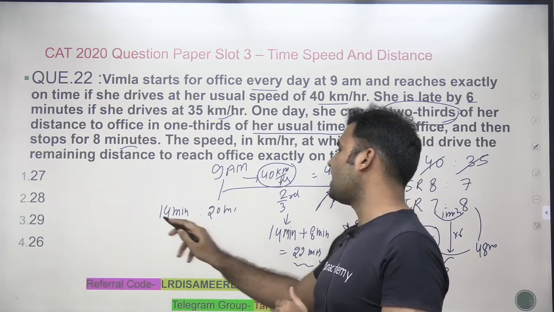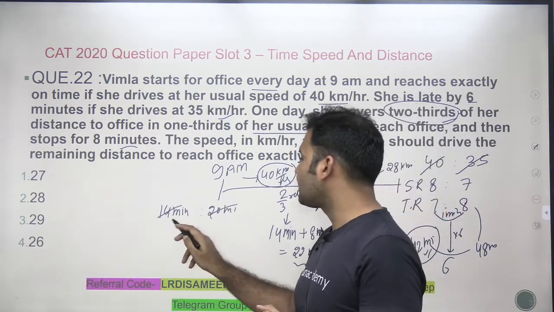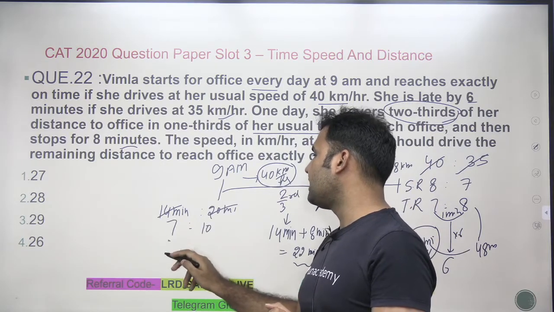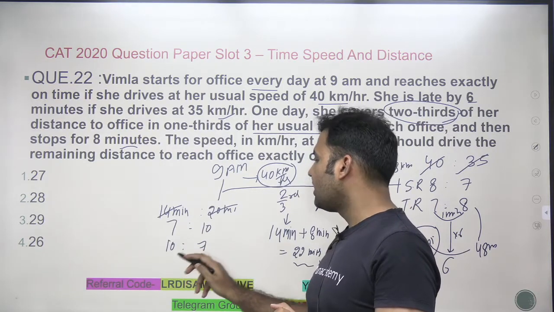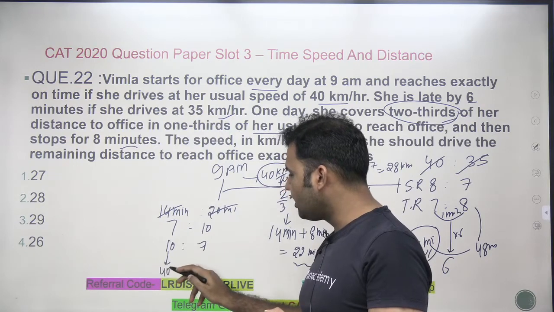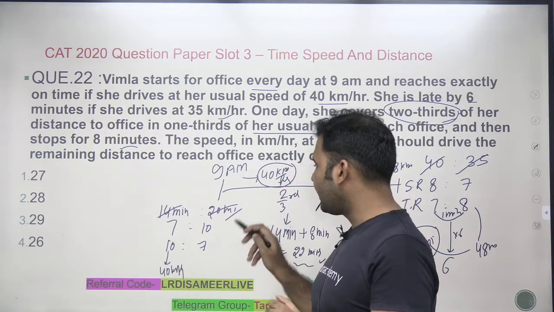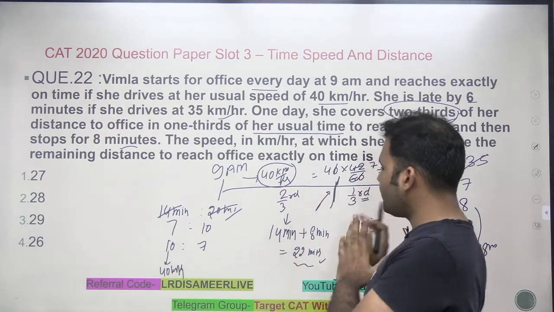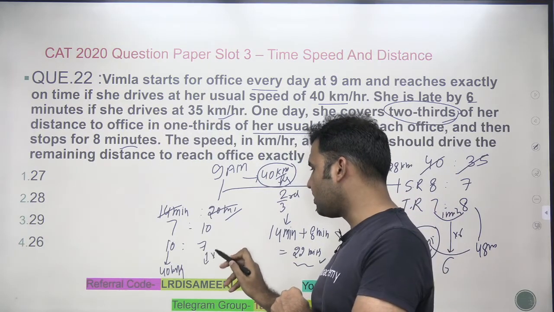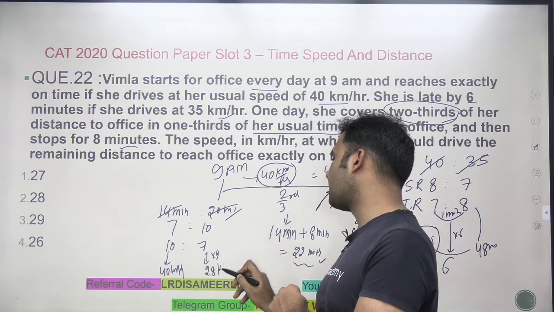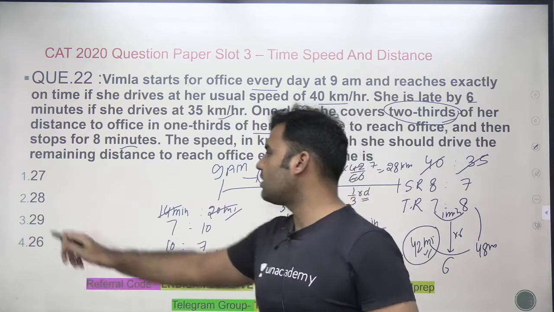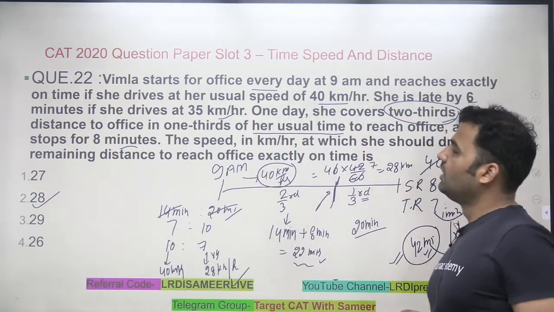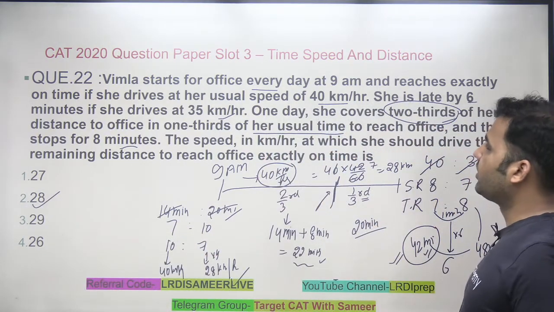So see that the time ratio here is 7:10. So the speed ratio will be 10:7. If her normal speed is 40 kilometers per hour, to travel the distance in 20 minutes her speed should be 28 kilometers per hour. So see that without making any equation, you can answer all the questions. That's option number 2 for this particular question.